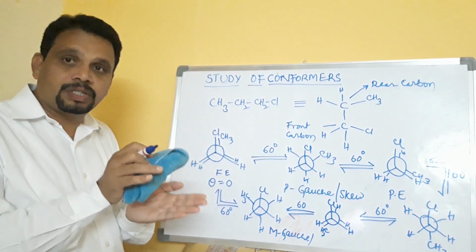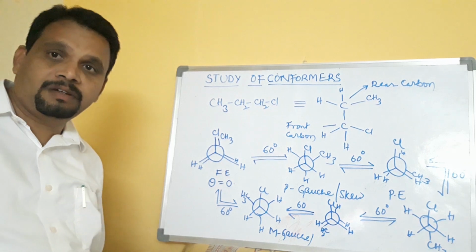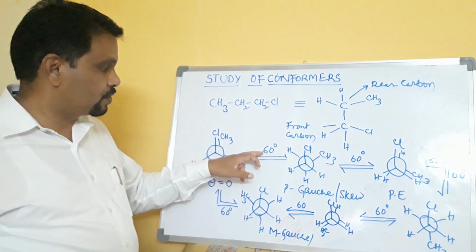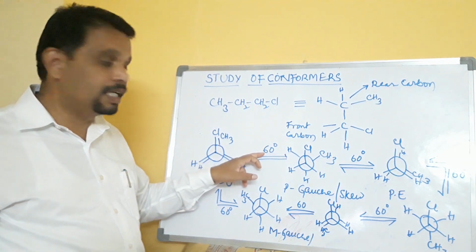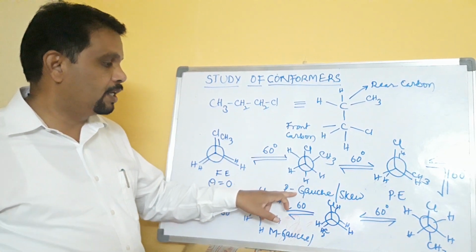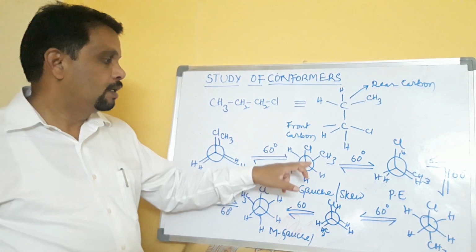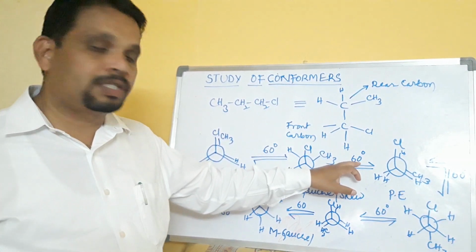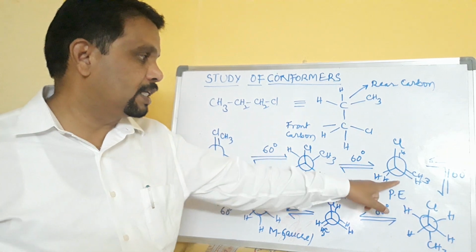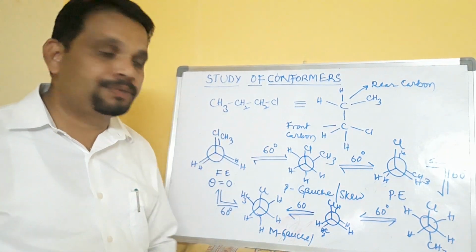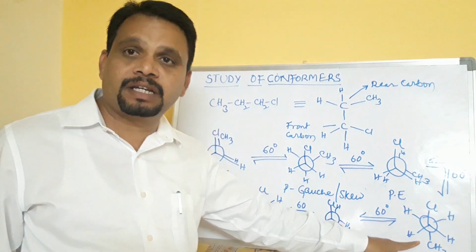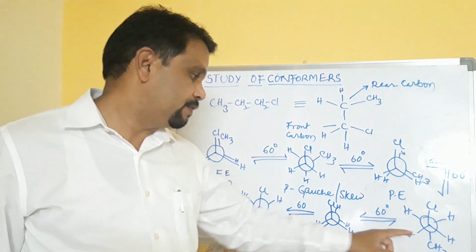At 0 degrees, the chlorine and CH3 are very near to each other, on top of each other, aligned with each other. After 60 degrees rotation about the C-C single bond, you will get the P gauche or skew conformer. After another 60 degrees, the partially eclipsed conformer. Then again 60 degrees, the anti or staggered conformer.